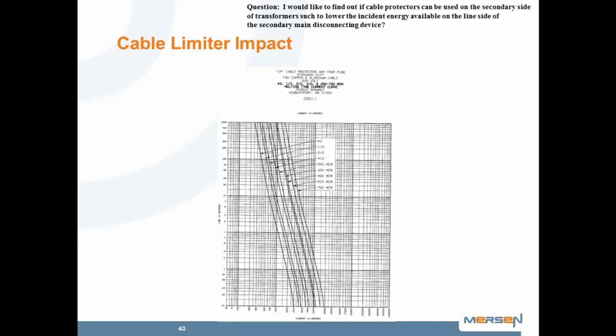So if it's less than 1500 amps in this particular case, the 250 MCM cable protector won't be of any reasonable help. However, if you have 6,000 amps, you could go to this curve and find out that's 0.05 seconds to open. And you could plug it in as an opening time, and you will have significantly less incident energy with that current.